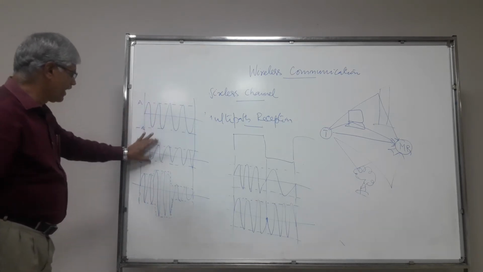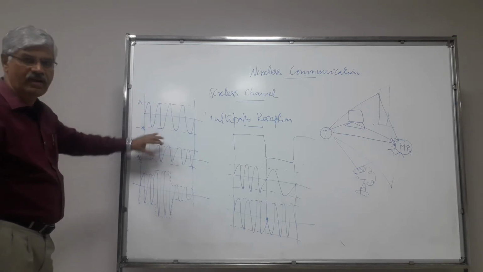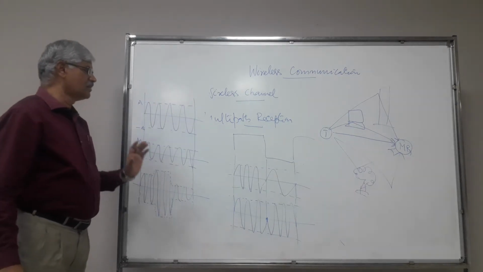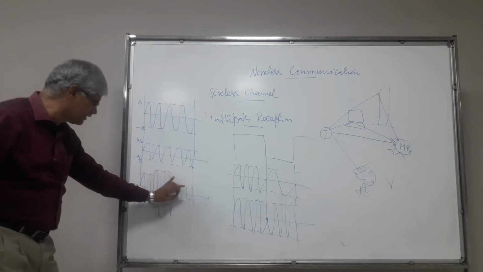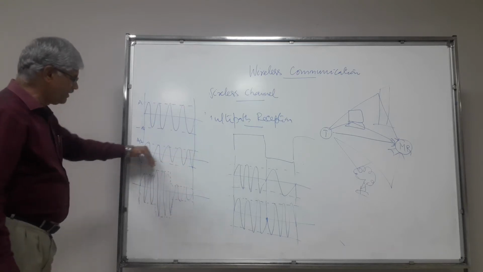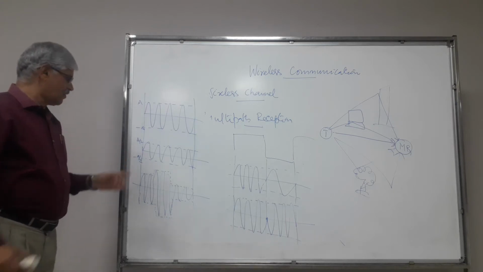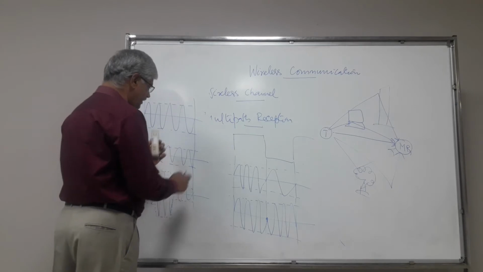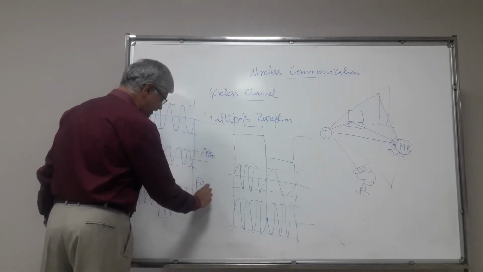If there was simple attenuation, I will receive like this, easy to handle, easy to amplify and do things. But because of the multipath phenomenon, there is going to be sometimes a reduced amplitude, sometimes more amplitude, still less, different. So this is called fading. This is called faded signal. This is attenuation. And this is fading.